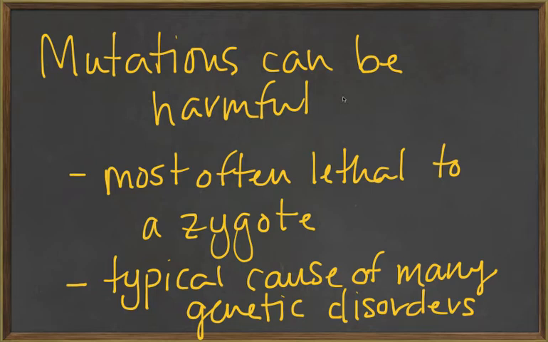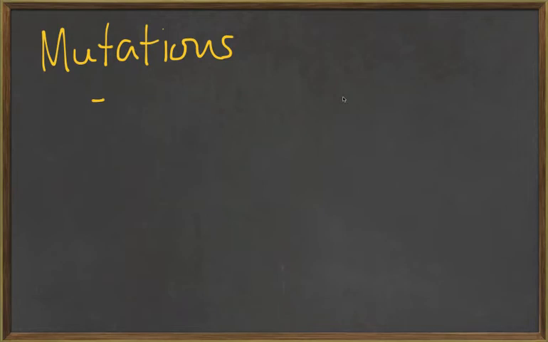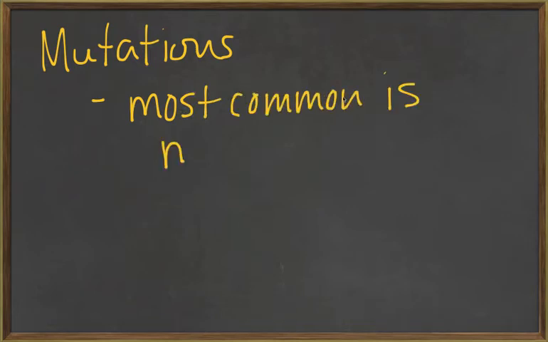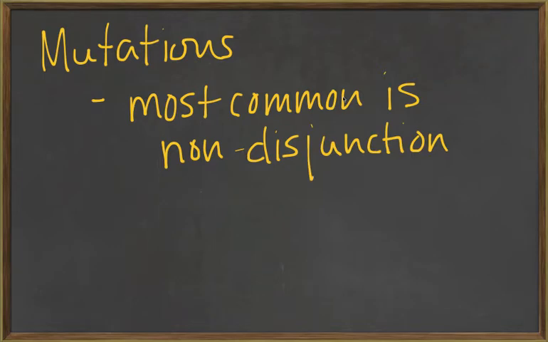Now, mutations are typically caused by one major thing. The most common error that causes a mutation is non-disjunction, which just by the name you know something doesn't get separated. Something fails to separate the way it is supposed to. They stay joined rather than getting torn apart.